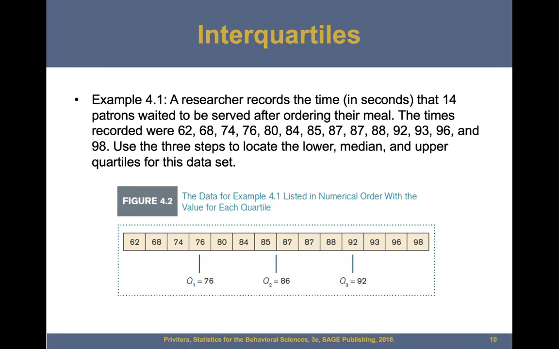We got 7 numbers, and then one right in the middle. So it's literally just cutting things in half a whole bunch for your interquartiles. Semi-quartiles are cutting things in half more. That's all we're doing. We're just taking a range of numbers and going, where's our midpoint? What's our midpoint of that? And so on.